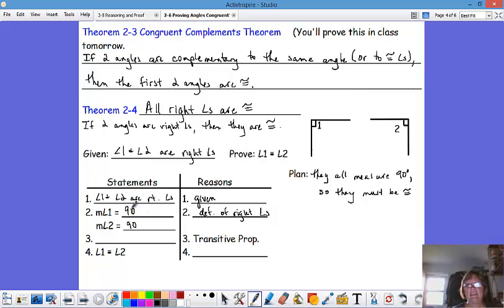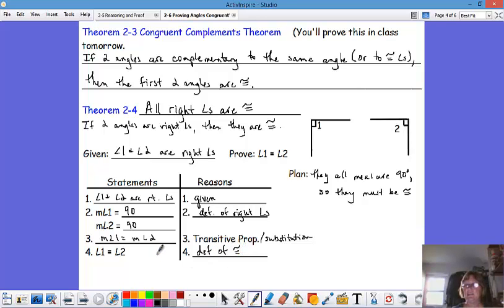Well, if that's the case, look at what we have. We've seen this already today. We have two things that are equal to the same thing. So by the transitive property or substitution, okay, both are correct, it must be true that the measure of angle 1 equals the measure of angle 2. And that's good news for us, because we know that when things measure the same, that's what it means to be congruent. Or we can apply the definition of congruency.